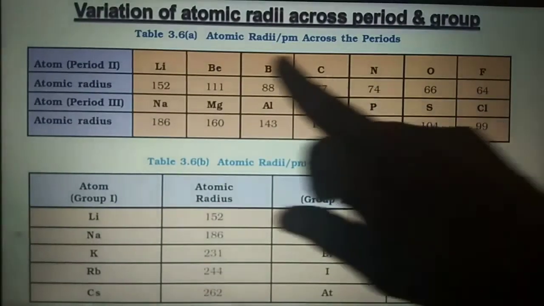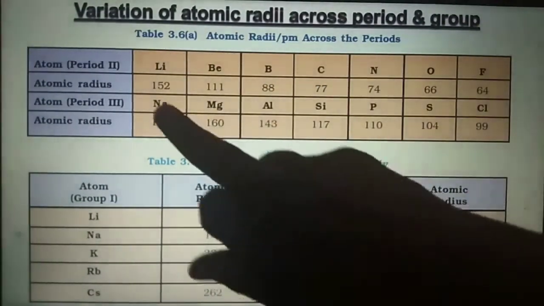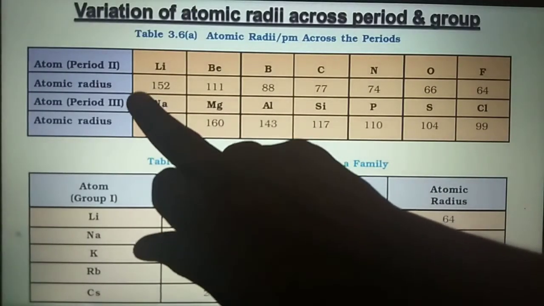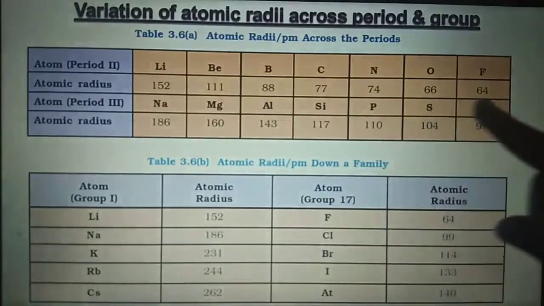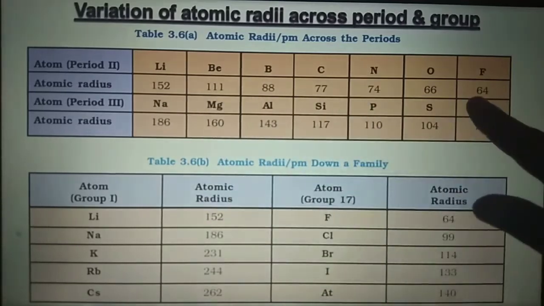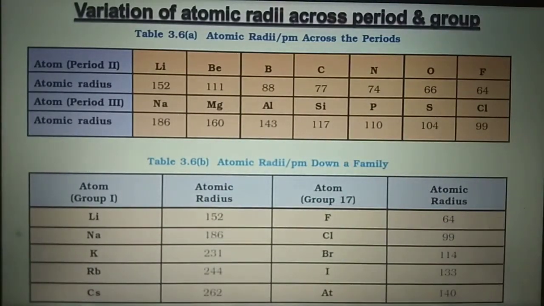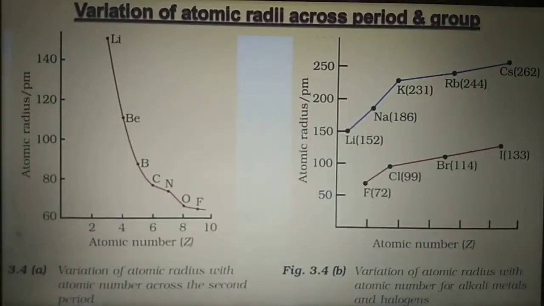So for the variation of atomic radii across the period, we can note that in a period the atomic radius decreases, but it is very important to note that the decrease is not regular in periods as well as groups, right? Okay, this is the graphical representation.